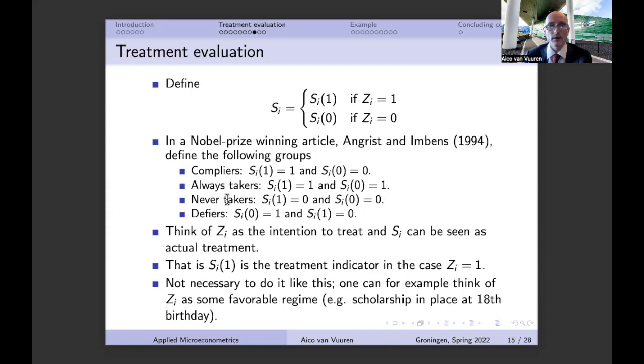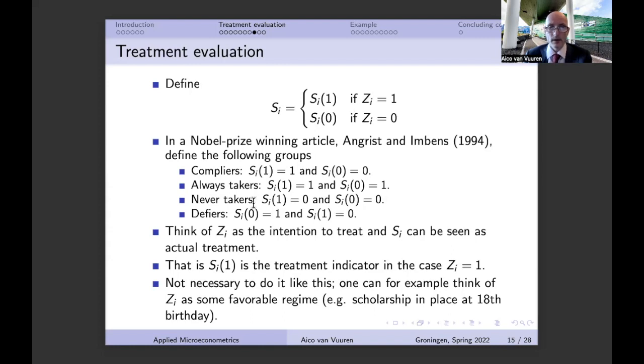And apart from the always takers, we also have the so-called never takers. Never takers are individuals that have an Si1 equal to 0 and an Si0 equal to 0 as well. These are individuals that never receive treatment, completely independent of the value of Z.